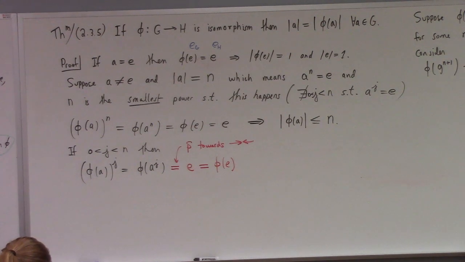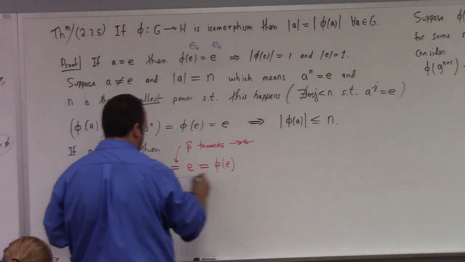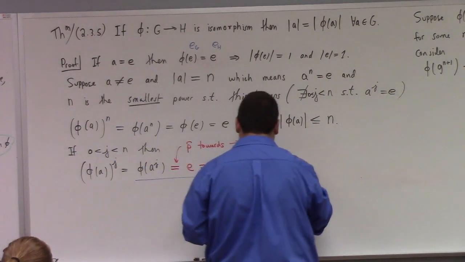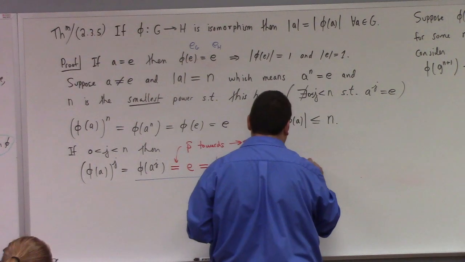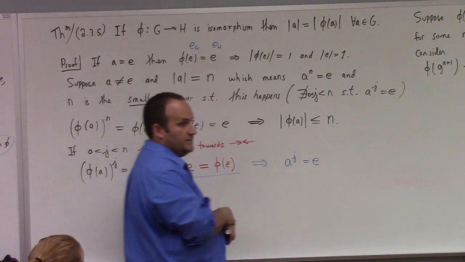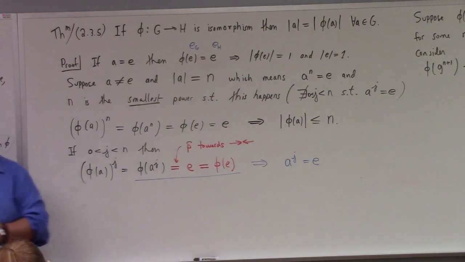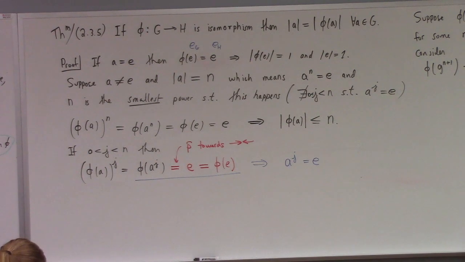Phi is a bijection, which means it's 1 to 1. What does that say about A to the power j? A to the power j equals E. Oops. That's a contradiction to A having order n.